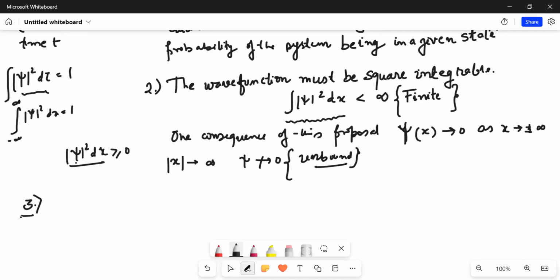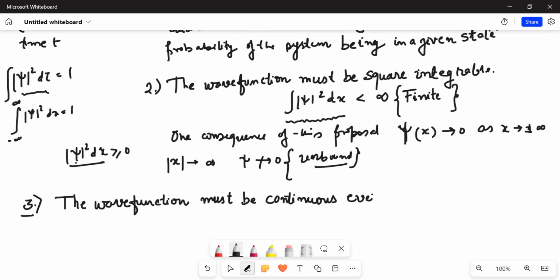Third, the wave function must be continuous everywhere. That is, there should not be sudden jumps in the probability density.